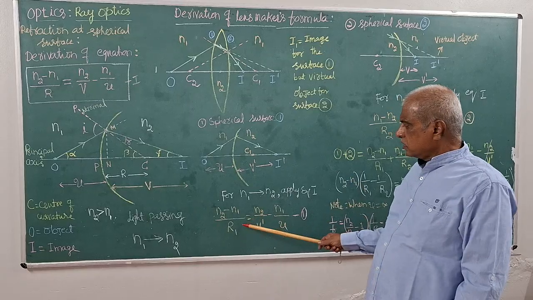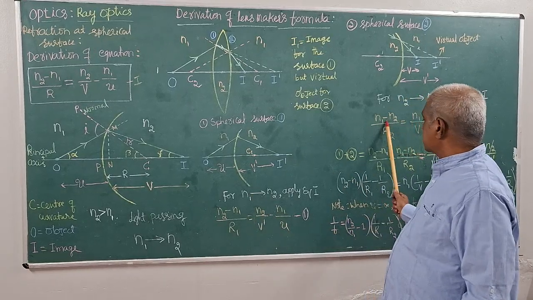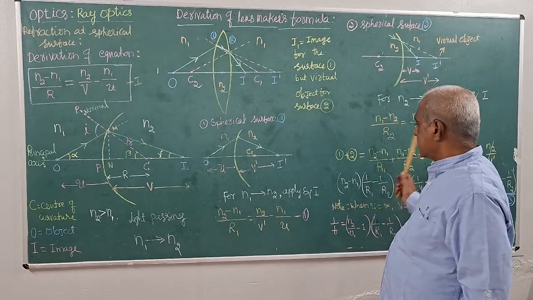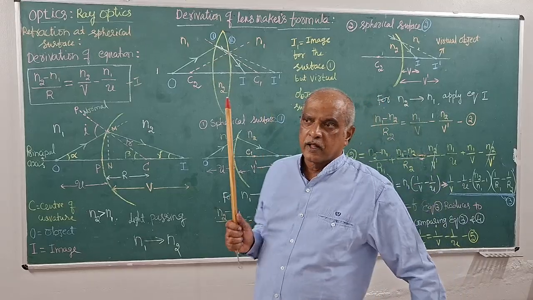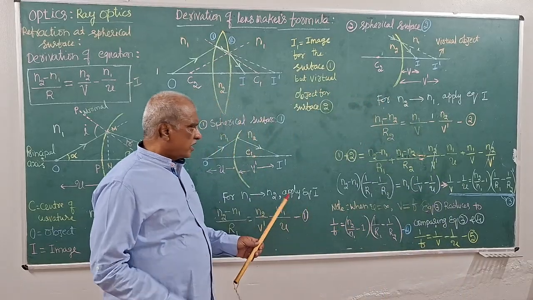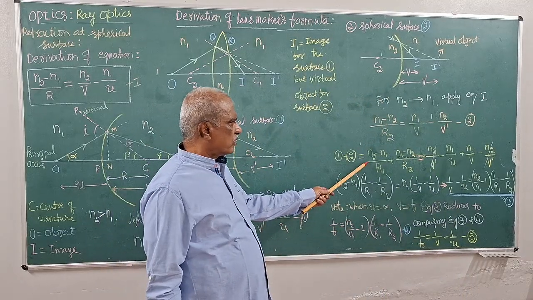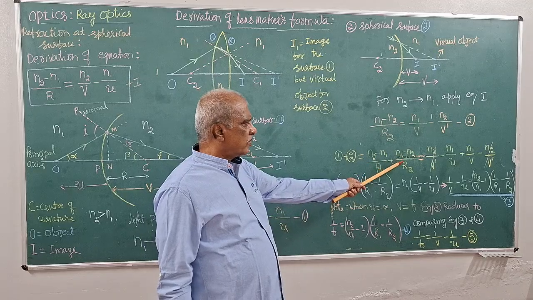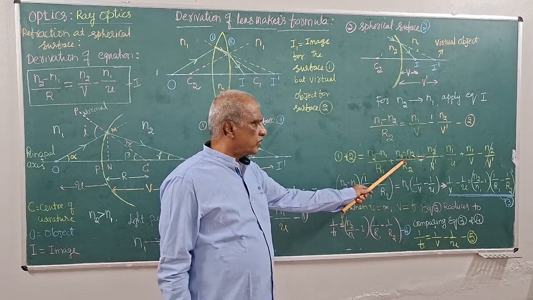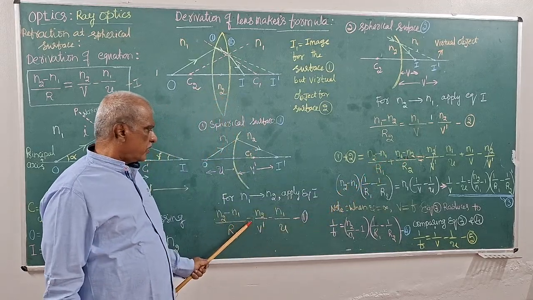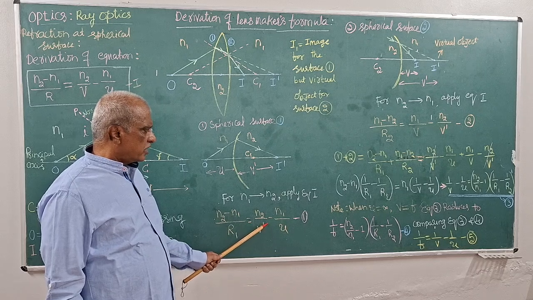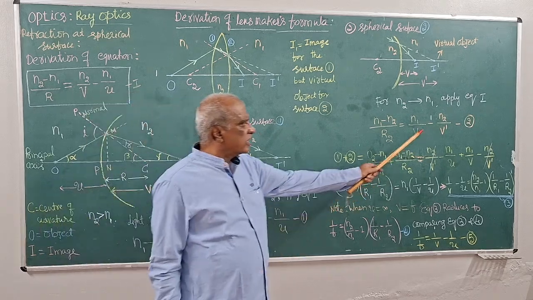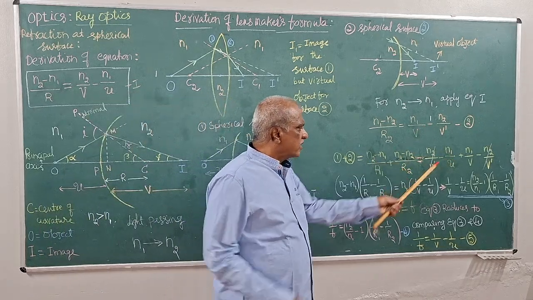Add them up separately, the left hand side of equation 1 plus the left hand side of equation 2, and the right hand side of equation 1 plus the right hand side of equation 2.